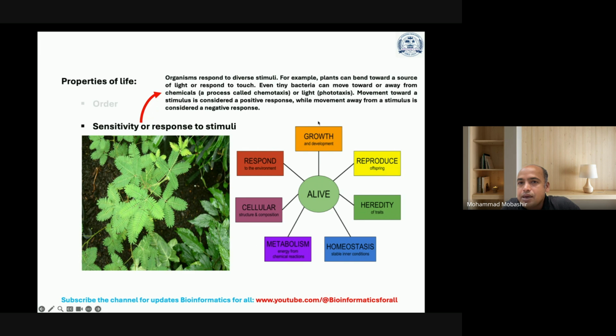And like here, plants can bend towards a source of light or respond to touch, for example, sunflower. Even teeny bacteria can move toward or away from chemicals, a process called chemotaxis movement, or light, that is phototaxis movement. Movement toward a stimulus is considered a positive response, while movement away from the stimulus could be considered a negative response. So these two properties are very clear and easy to understand.